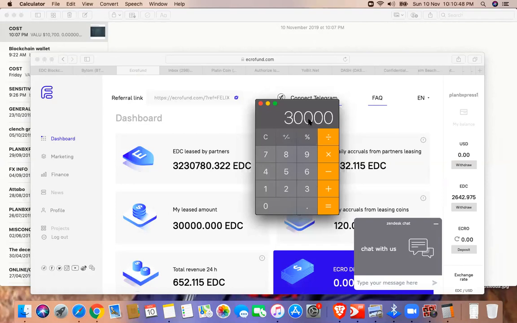So I can be reserving this 30,000 every month. So if I reserve this 30,000 every month, multiply by 12 months, that is 360,000, if I'm correct. Then multiply by 3 years. That is 1,080,000 EDC. The first year I'm expecting.